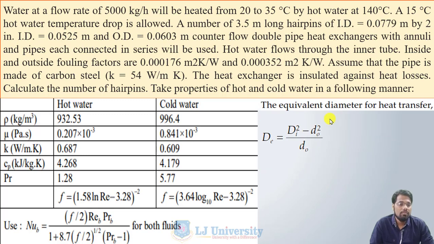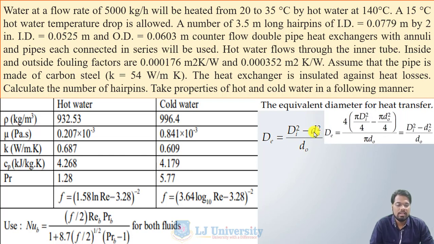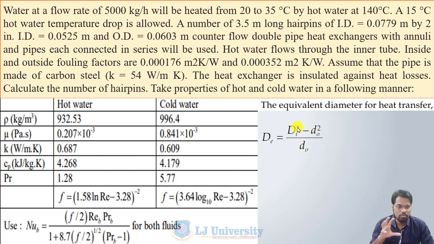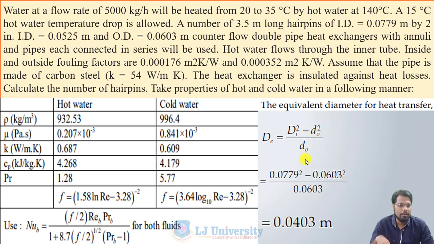Now we have to calculate the equivalent diameter, as we discussed in our previous lecture. The equivalent diameter is Di² minus Do² upon Do, where Di is the inside diameter of the outer tube and Do is the outside diameter of the inner tube. Putting in all the values, we get an equivalent diameter of 0.0403 meter.